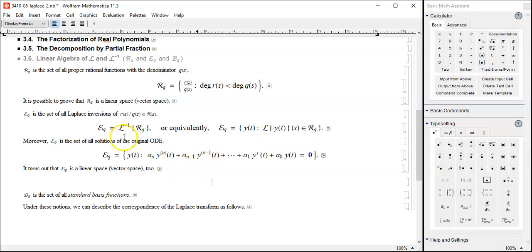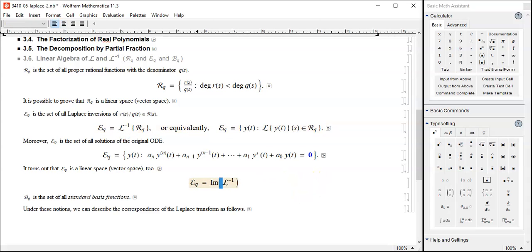So this EQ is the image of this Laplace inversion. Okay.